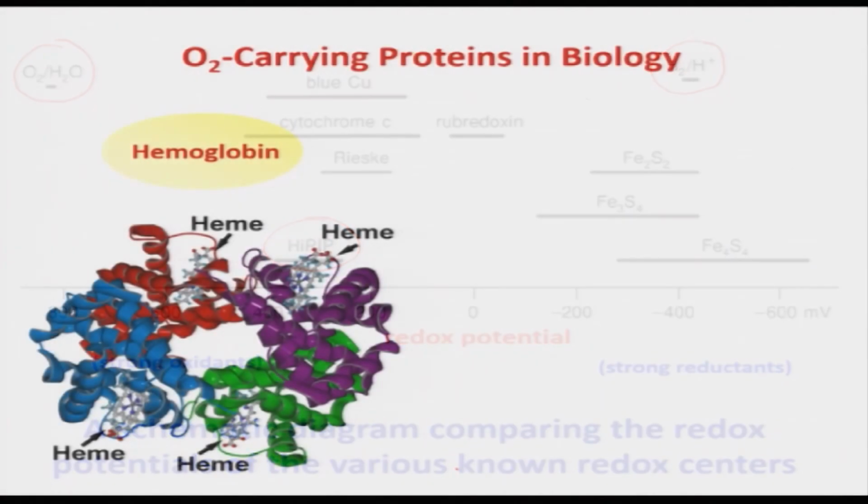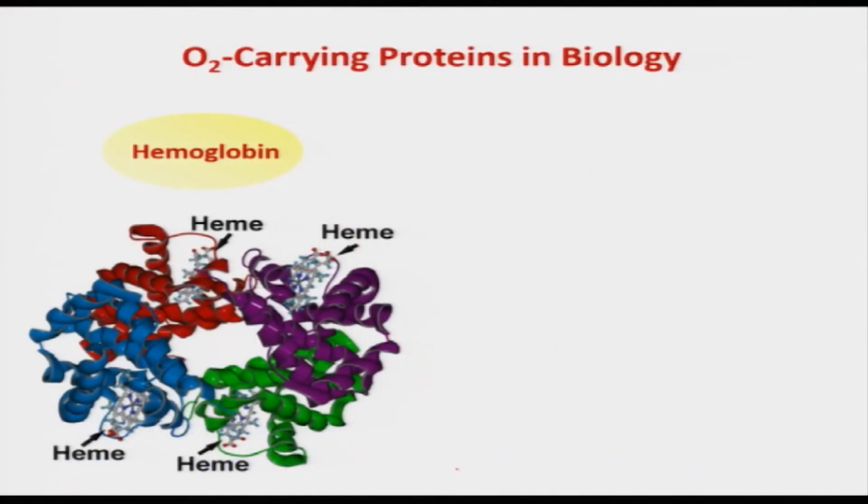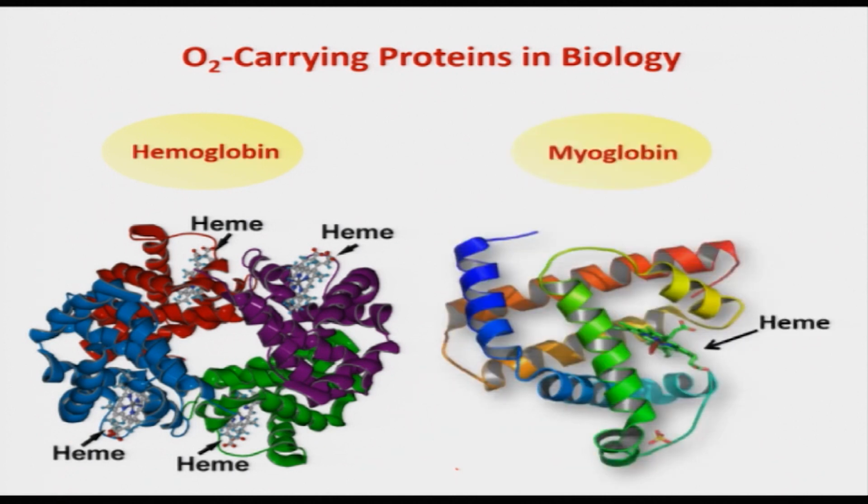I will now show a few examples to tell you how important this metal is for their activity. For example, oxygen carrying proteins, like hemoglobin and myoglobin. Hemoglobin is a tetrameric unit, myoglobin is a monomeric unit. We will discuss in detail in subsequent lectures.